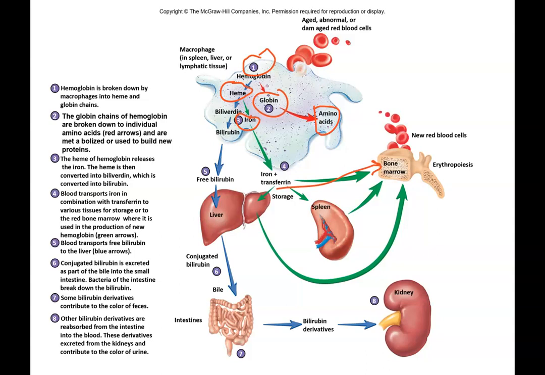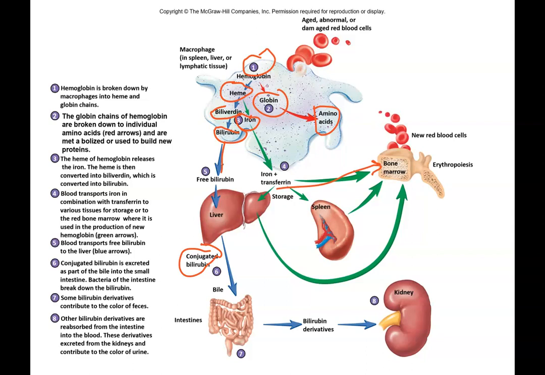The heme group without the iron is called biliverdin, which then is converted to bilirubin. Free bilirubin is the bilirubin found in the blood that is transported into the liver, and the liver is going to conjugate it and convert it into a form that can be eliminated through the bile.